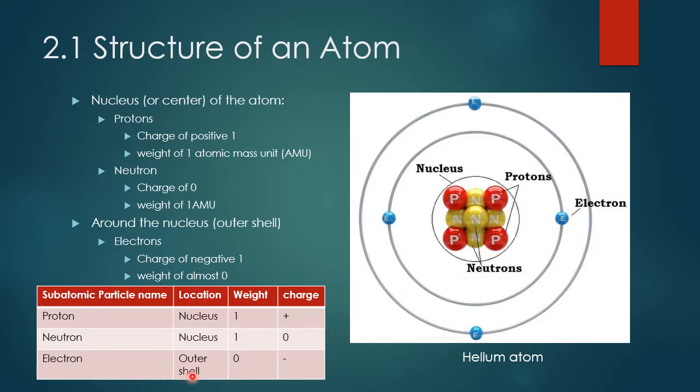Electrons are located in the outer shell. Protons have a weight of 1, neutrons a weight of 1, electrons a weight of 0. Protons have a positive charge, neutrons no charge, and electrons a negative charge. Each of these properties, how much it weighs and what its charge is, basically determines what type of atom it will be and how it will interact with other atoms. And so we'll go into that next.